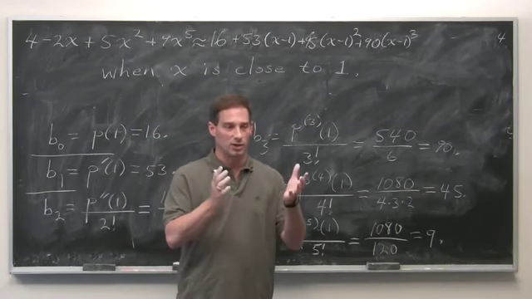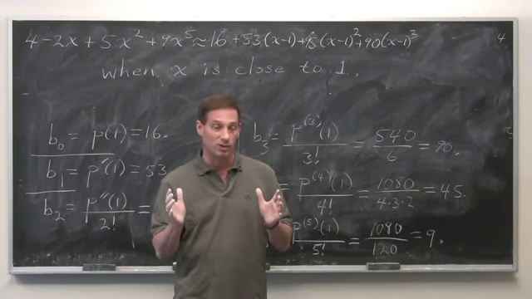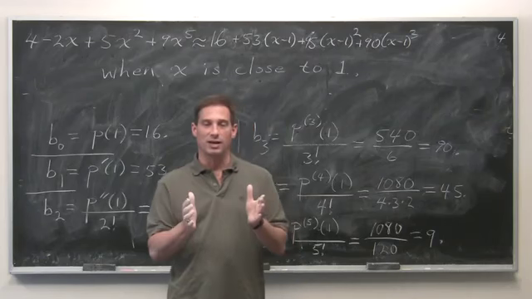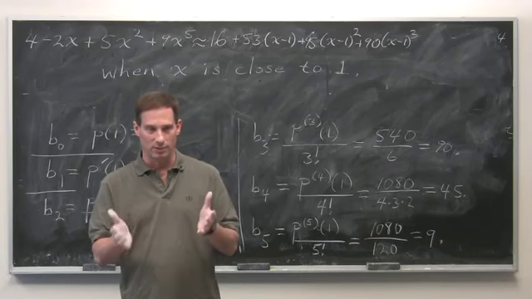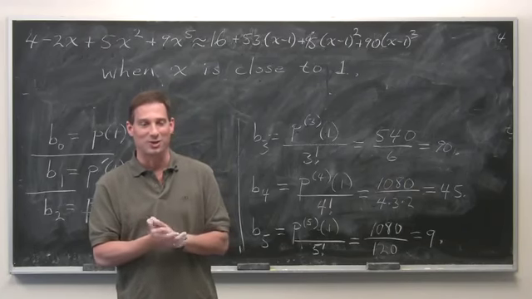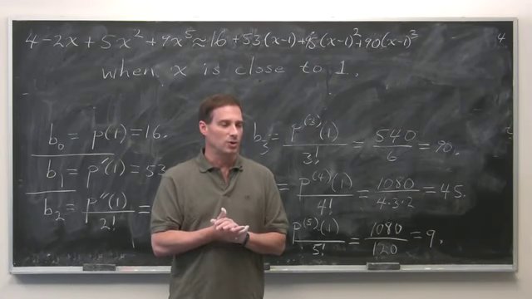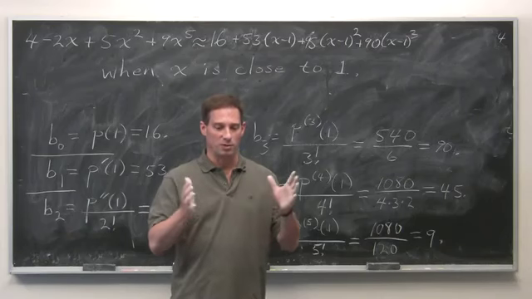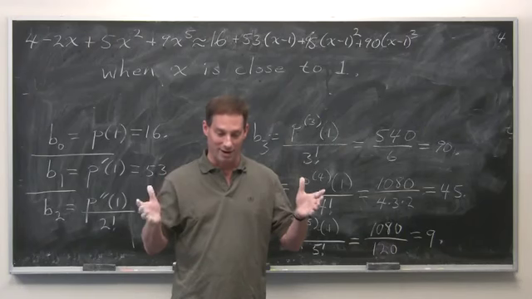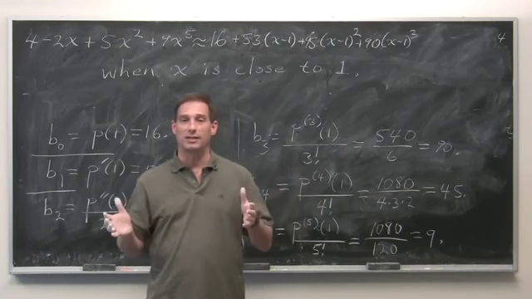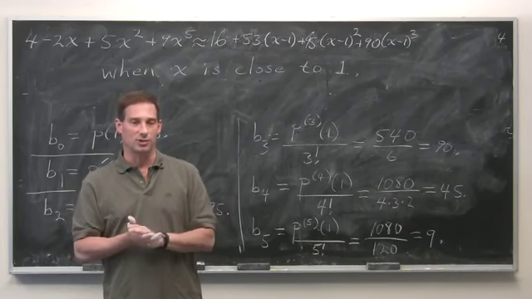The higher powers of x minus 17 don't matter as much when x is close to 17, because then x minus 17 is close to 0, and higher powers of numbers closer to 0 are closer to 0. So yes, if you want to approximate a polynomial well near x equals 17, you want the polynomial given to you as centered at 17, so in powers of x minus 17.